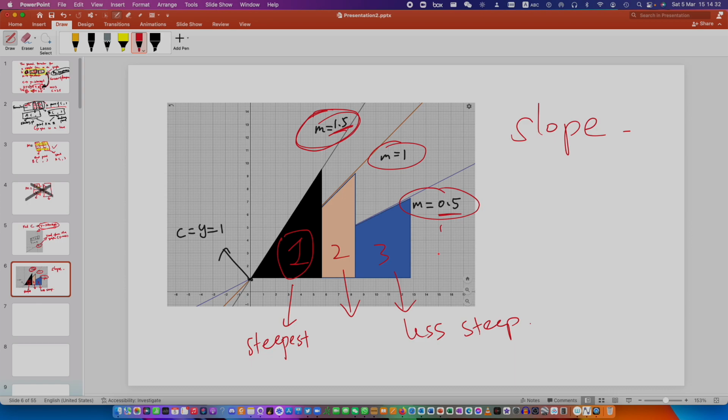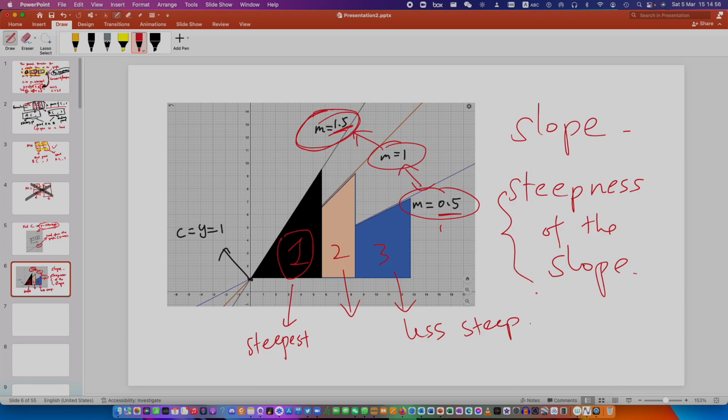Does it make sense now? So the effect of the gradient will affect the steepness of the slope.